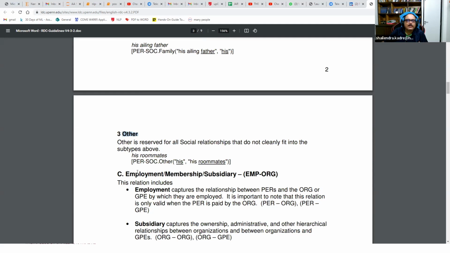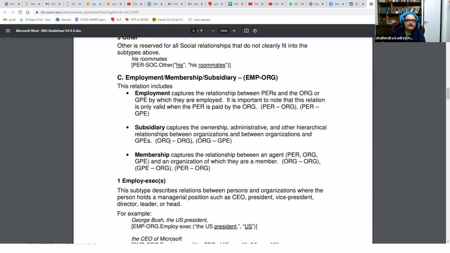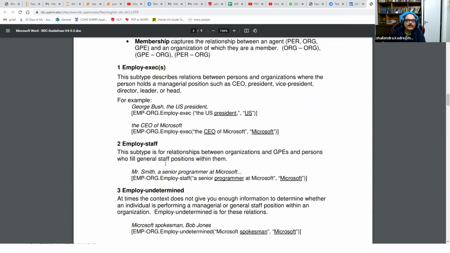Then employment, membership, subsidiary. So you have that, and on the right side EMP-ORG is representing employment, membership, and subsidiary. Then you have employee executives, then you have employee staff, then a lot of entities are there.